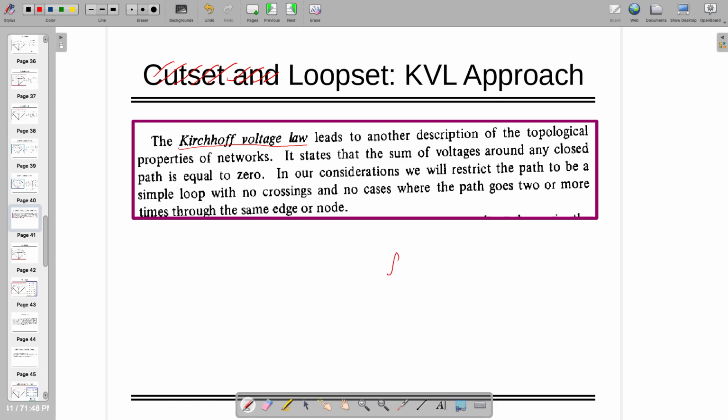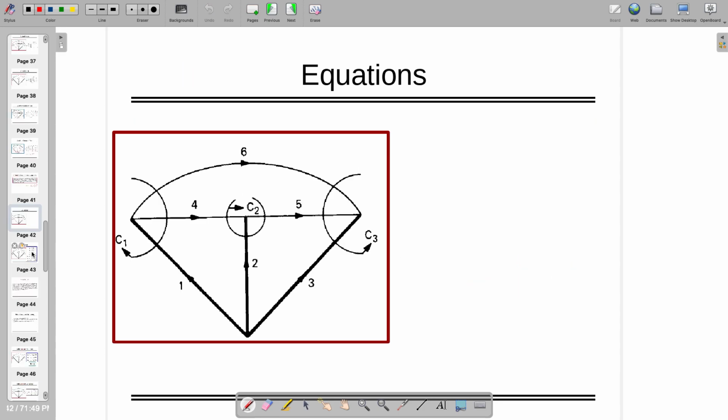You are going to create a loop, not a cut. You are going to create a loop which has more twigs and only one chord, and you have to form a closed loop. It's just the reverse of what you have done in cut set, so do not consider cuts anywhere.